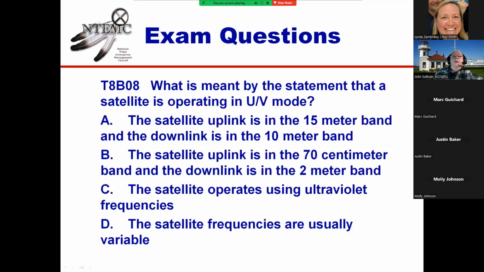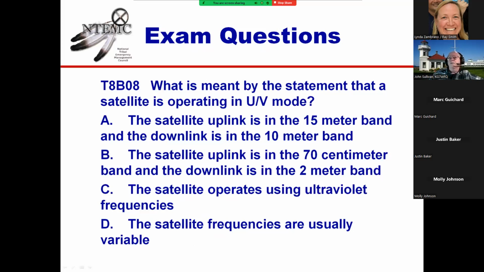What is meant by the statement that a satellite is operating in UV mode? Remember we talked about how you have to have frequency separation for your uplinks and your downlinks. So in this case, it says the uplink is in the 15-meter band and downlink is in the 10-meter band.